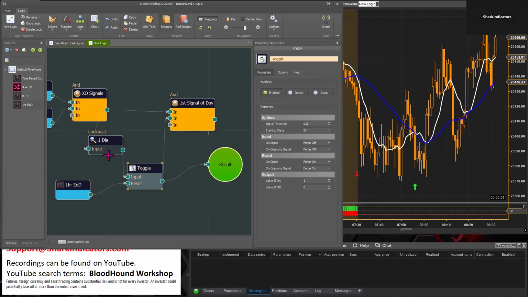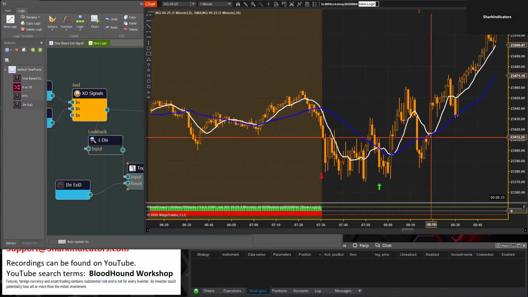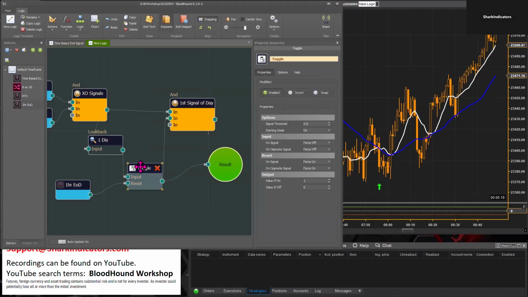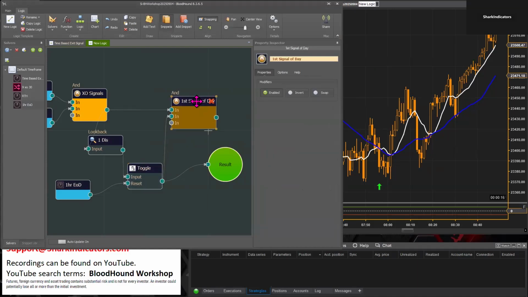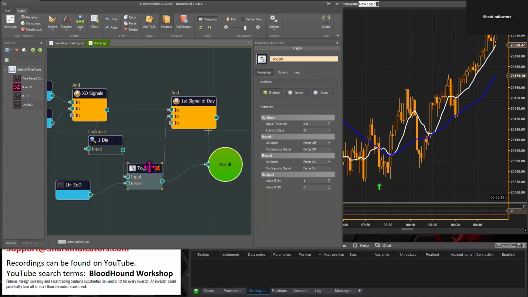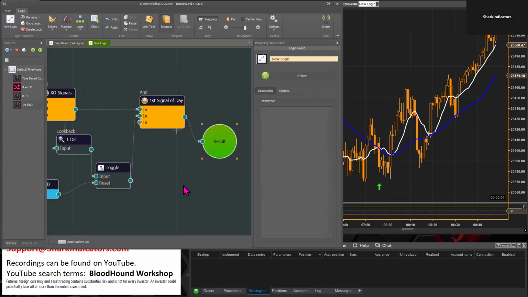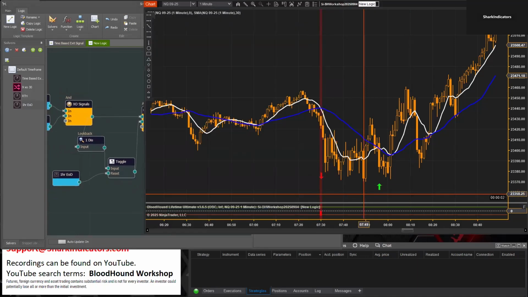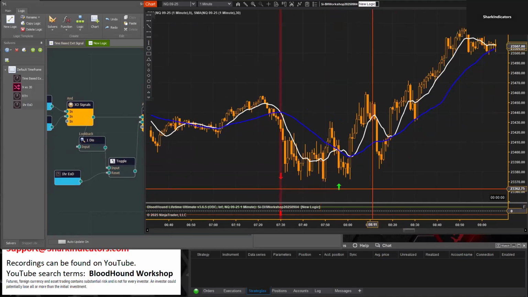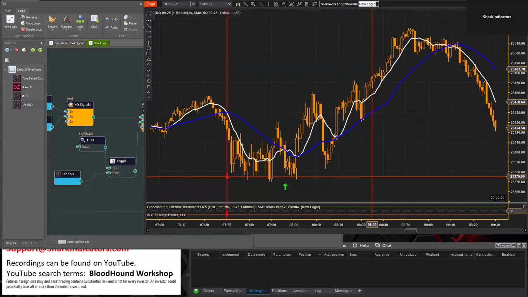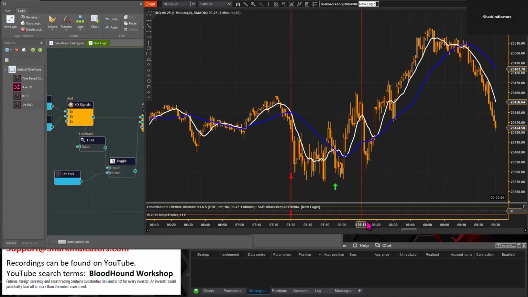So once that first signal comes in, it turns our toggle node off, and then all the other crossover signals can't get through because the toggle node is turned off. With the toggle node off, no other signals get through this AND node. So there you go. First signal, and then all the other crossover signals don't get through for the remainder of the day.